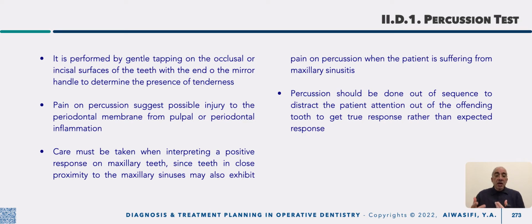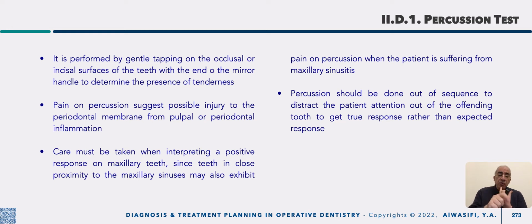You are trying much more teeth than the offending teeth, and just let us say the patient having a pain which we would like to diagnose by percussion, related to lower 5, lower second premolar.